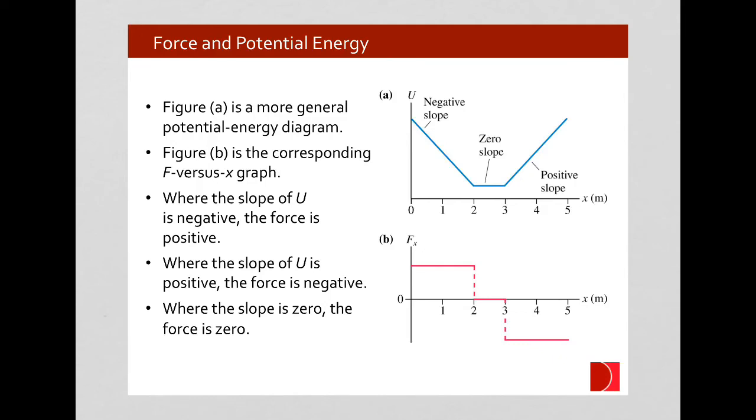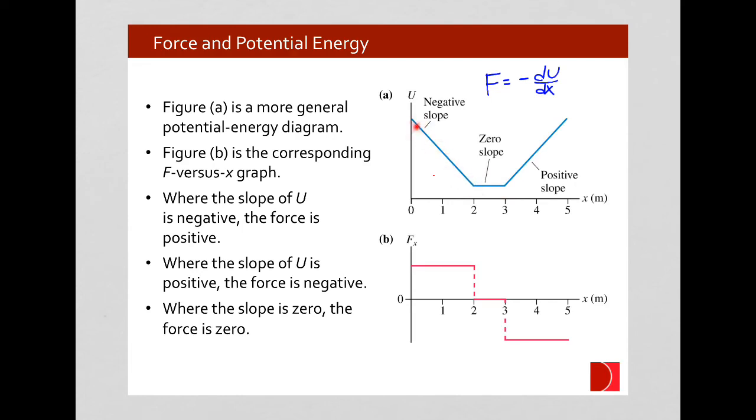This behavior holds for simpler or more general potential energy graphs as well: the force is the negative derivative of the potential energy curve. If we have some general potential energy plotted versus horizontal position, we can look at the behavior of that curve and see what the force would be in each case.